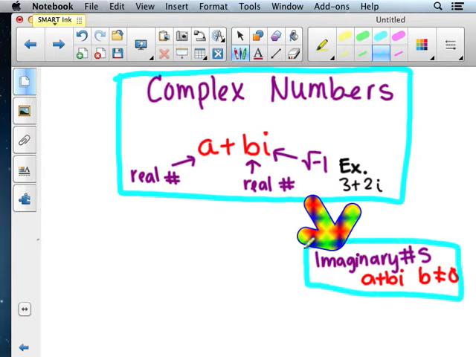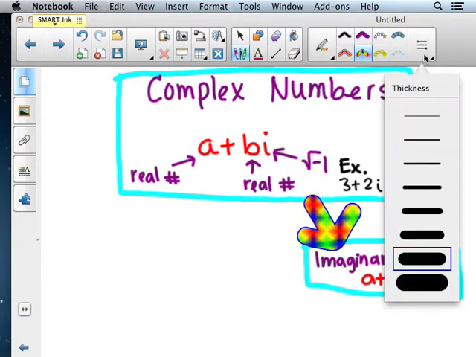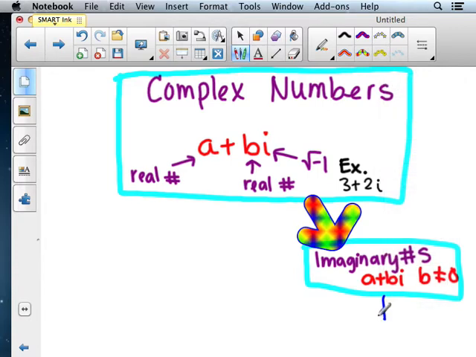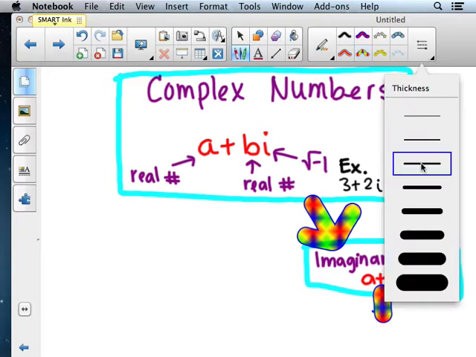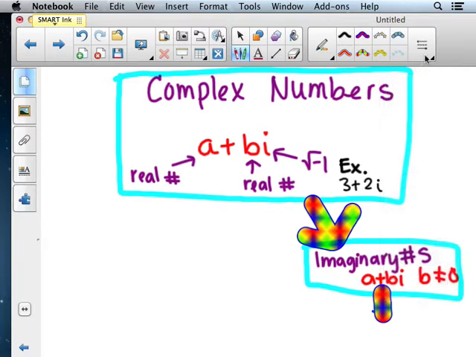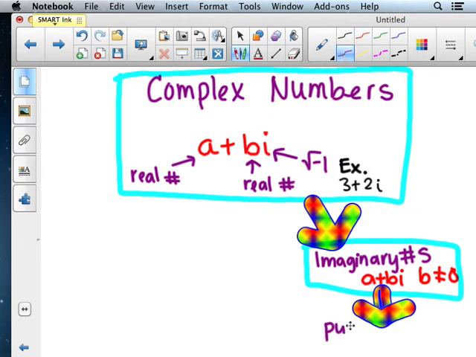Now, off of imaginary numbers, we have what we've already talked about, our pure imaginary numbers. And a pure imaginary number is what we talked about last class.